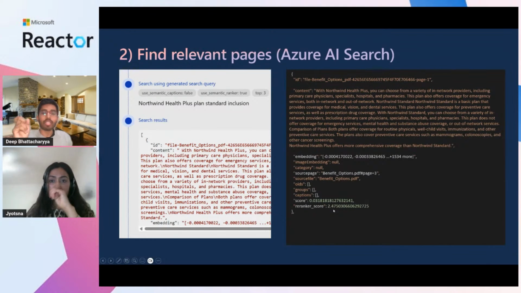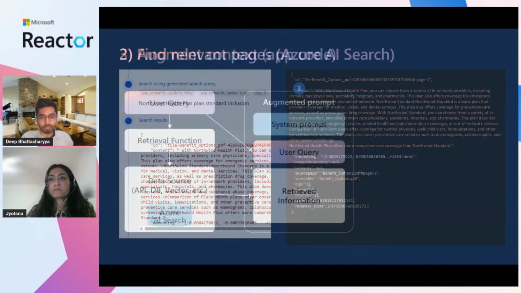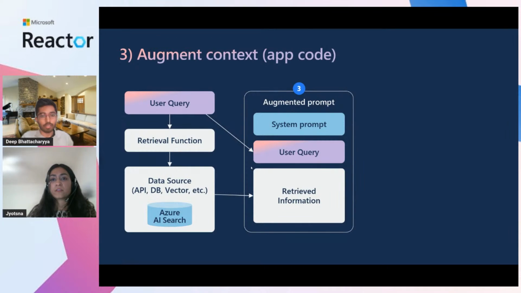I don't want you to look at the absolute number because, as you can see here, it's not necessarily out of 1. This one's 2.4 and this one's 0.03. It's not necessarily the actual score that matters. It's more the relative score between different search results.